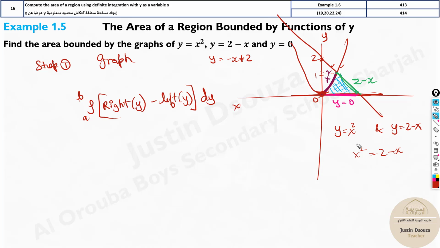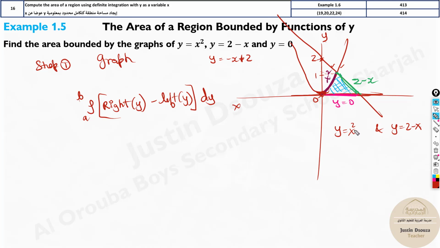If you solve this, you get where it touches along the x-axis. But that is not what we want. We want where it touches along the y-axis, isn't it? So what you need to do is, these equations are there, right? Rearrange them with respect to y. That means you should have x at one side and y at the right side.